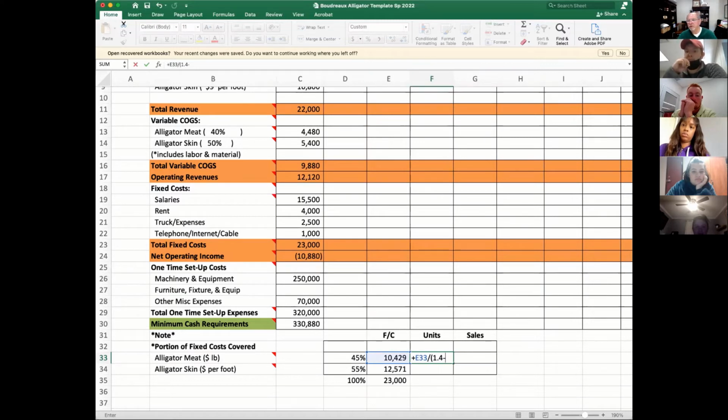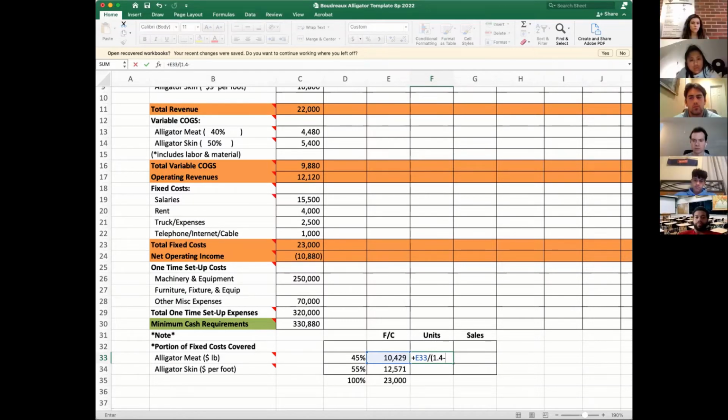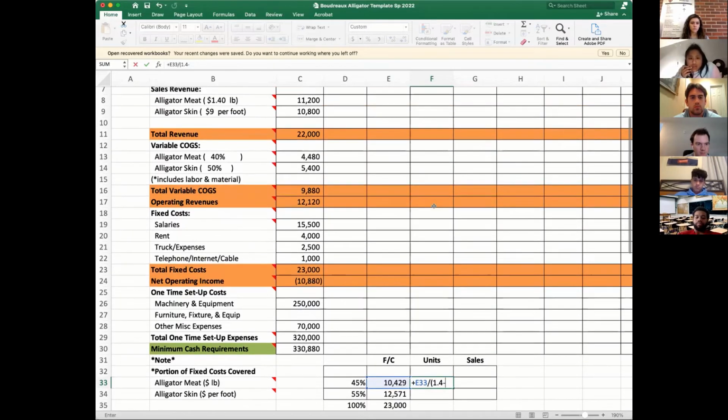Sean, what is the variable cost? I'm not sure. Okay, well, the variable cost of the meat is 40%, right?